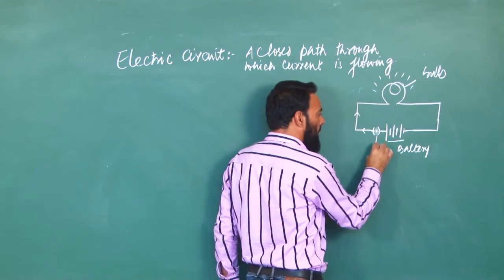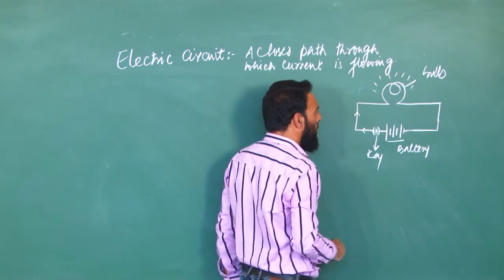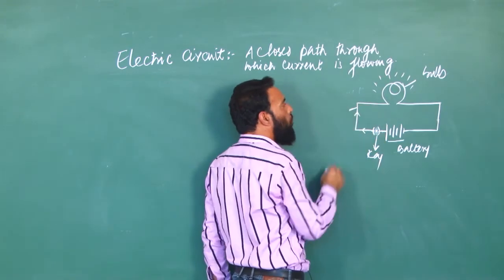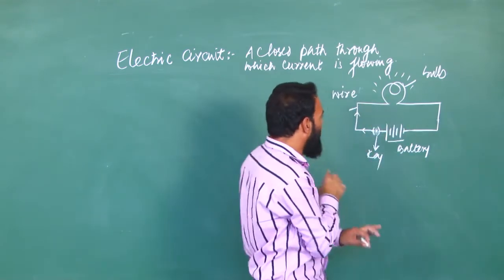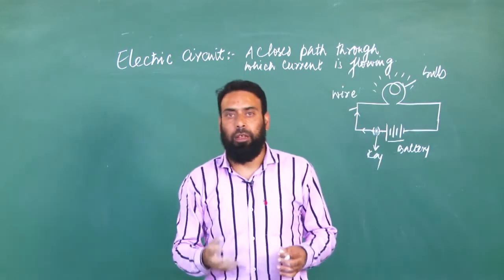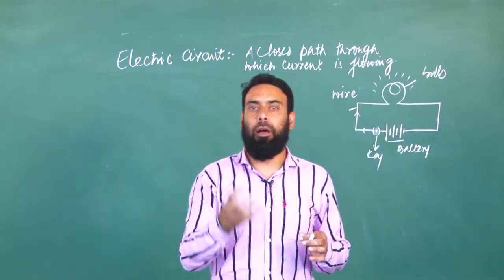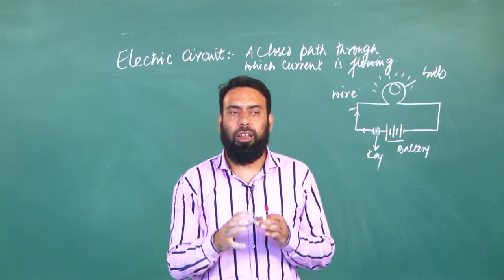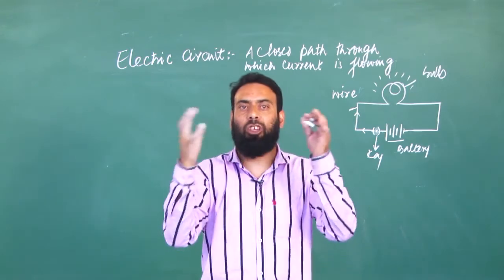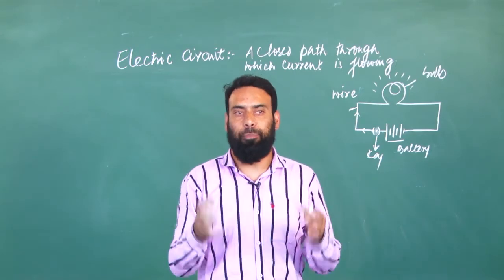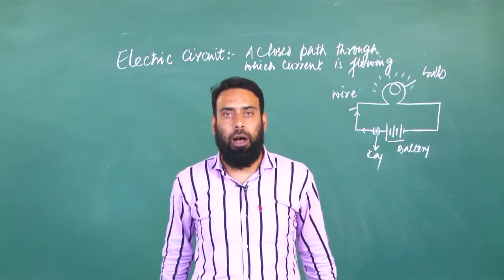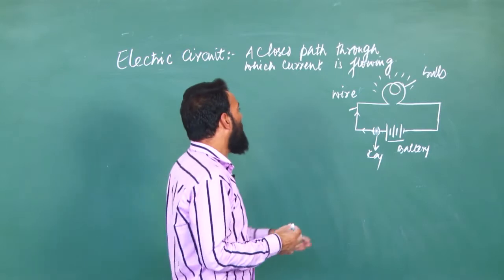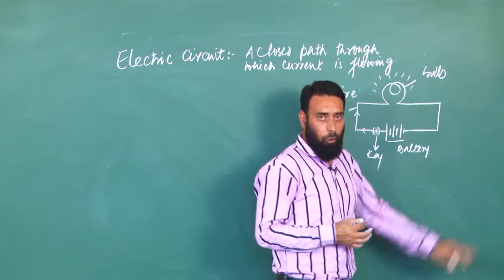It contains a key, another component, and it contains a connecting wire. That's another component. So when all these components join together, they form a circuit. So a circuit is basically a combination of various electrical components joined together in such a way that they form a closed path, and through that closed path current is flowing.